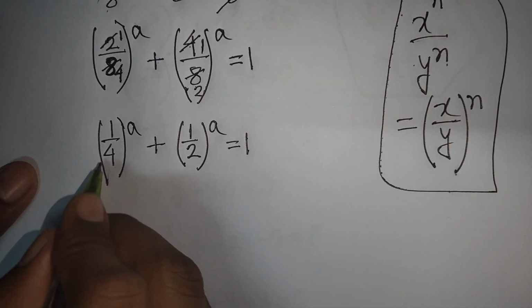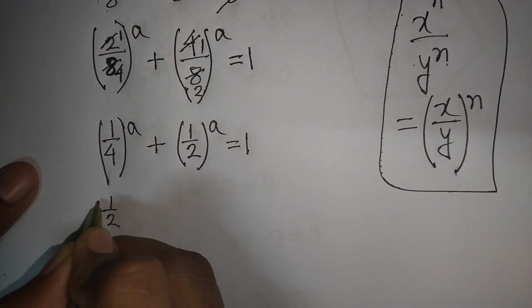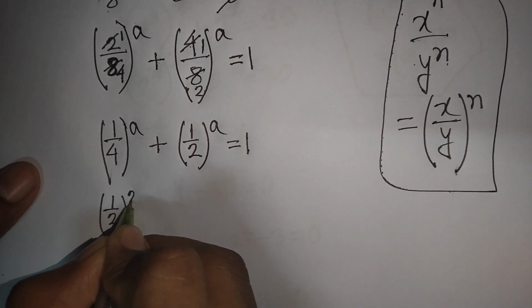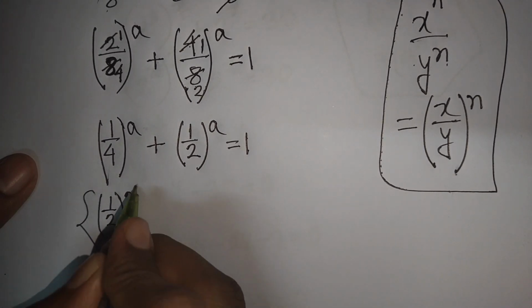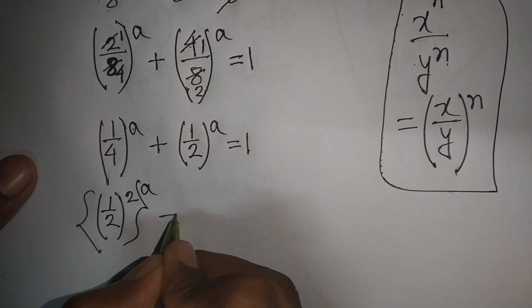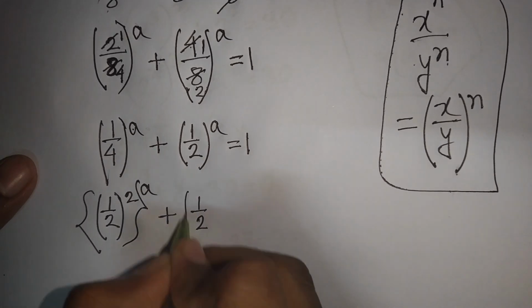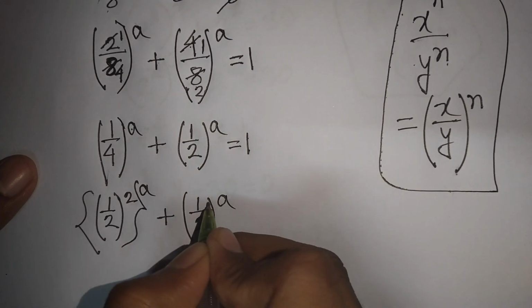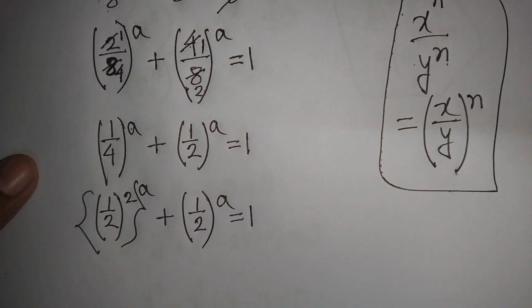Now 1 by 4 can be written as (1 by 2) bracket power 2. Then this first bracket can be written as second bracket, then power of a plus (1 by 2) bracket power of a is equal to 1.